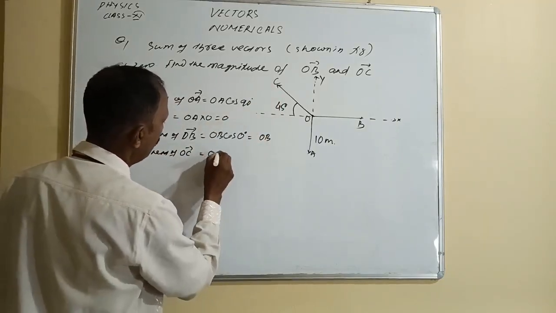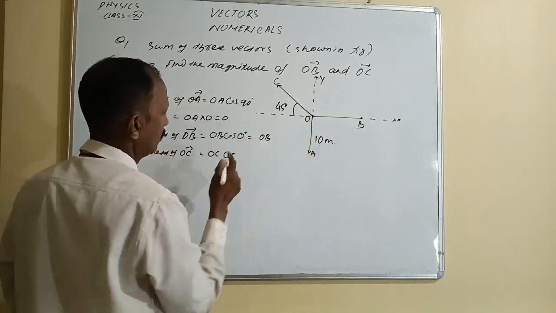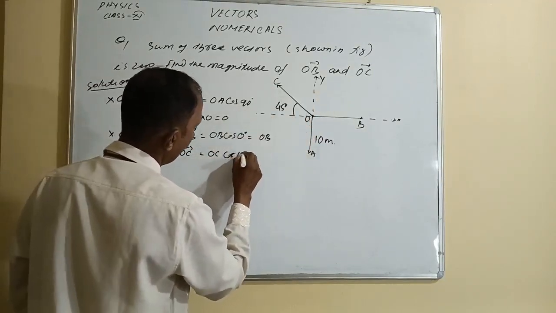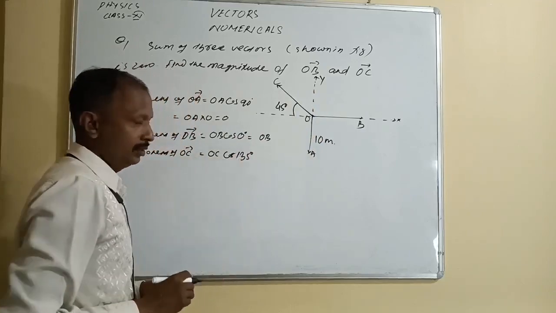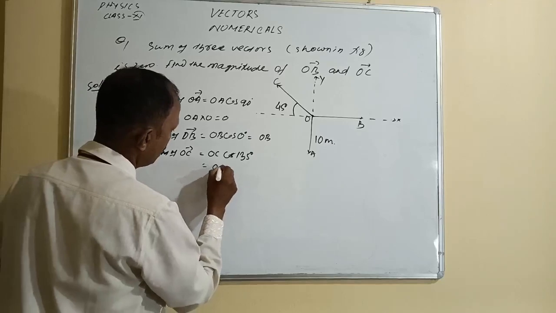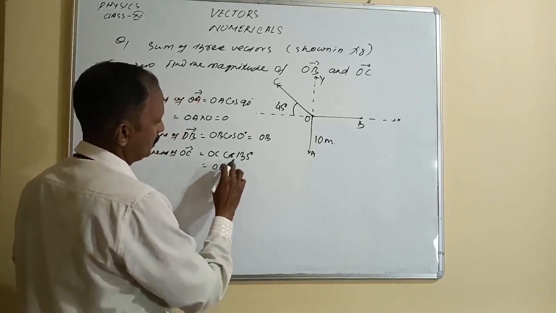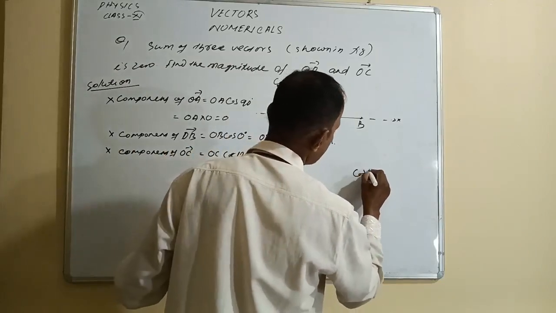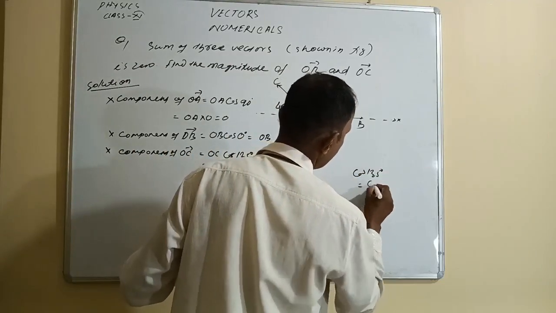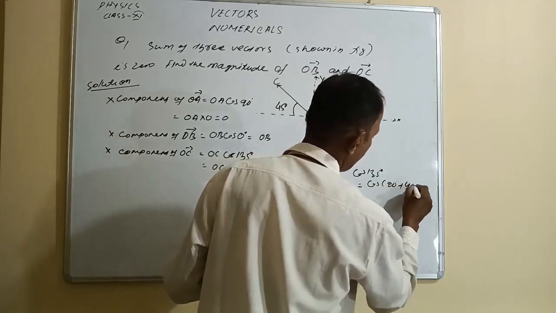This is equal to OC cos 135 degree. Okay. So cos 135 degree is equal to cos of 90 plus 45 degree.